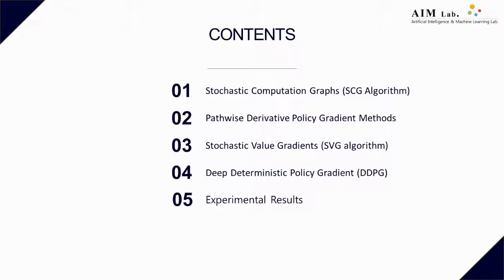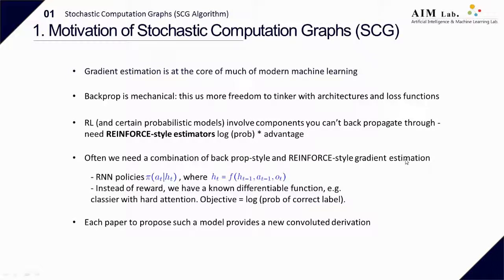So let's begin with the motivation of stochastic computation graphs. Gradient estimation is at the core of much of modern machine learning. In the sense of getting gradient estimation, backpropagation is a good way to do it.